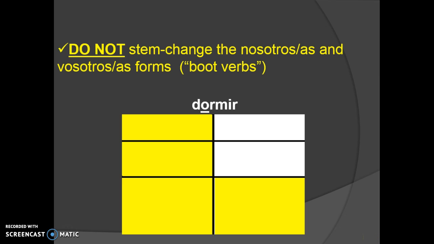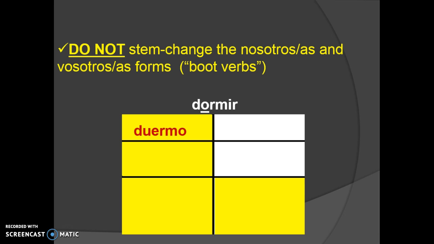So let's take the word dormir, okay? You know it has to be an O to UE because you only change O's or E's, and that's the only letter that can possibly change. And since the three categories are O to UE, E to I, and E to IE, O's can only change to UE. So when you conjugate it for yo, it's yo duermo.